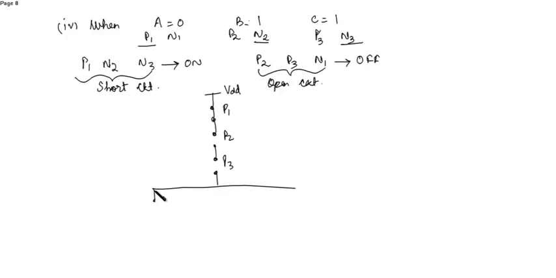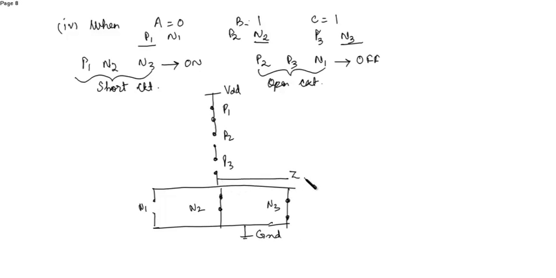N1 is open or it's turned off, while N2 and N3 are on. So N1 is open circuit, N2 is on, as well as N3 is also on. This is N2 and this is N3. This is the output Z.